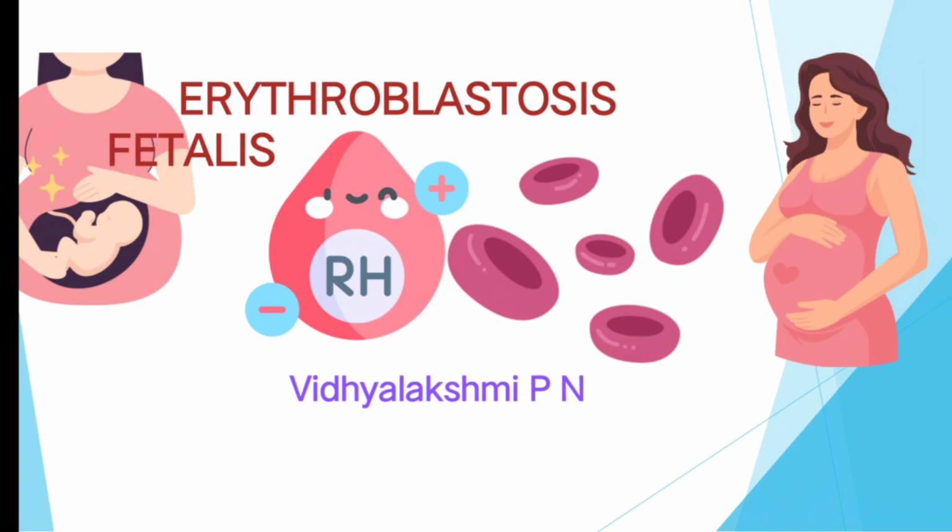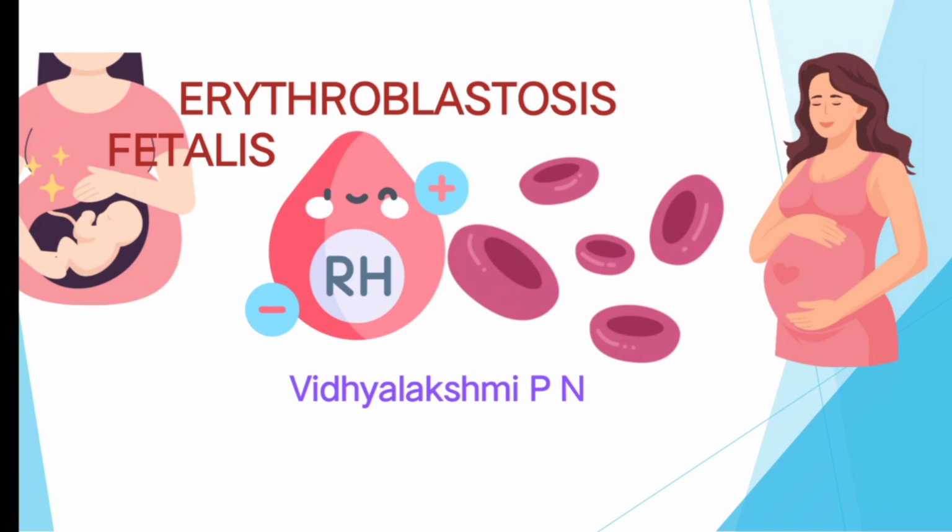During placental separation, during the delivery, the baby's blood will get sensitized by the mother's blood group, and that antigen will enter into the mother's blood. Consider the immune system: if foreign particles enter our body, it will act by producing antibody.